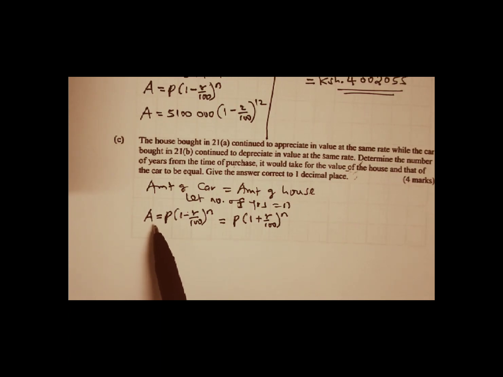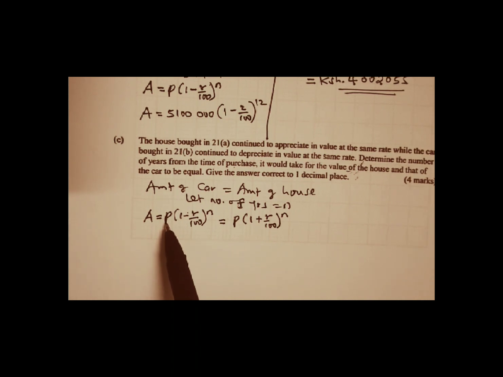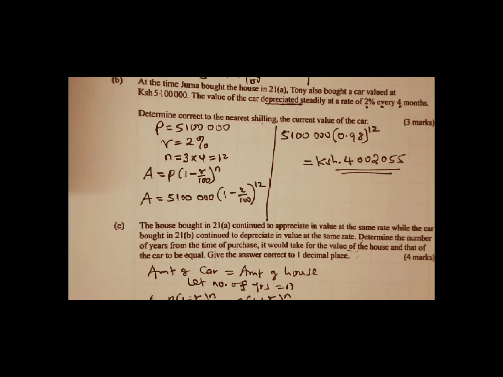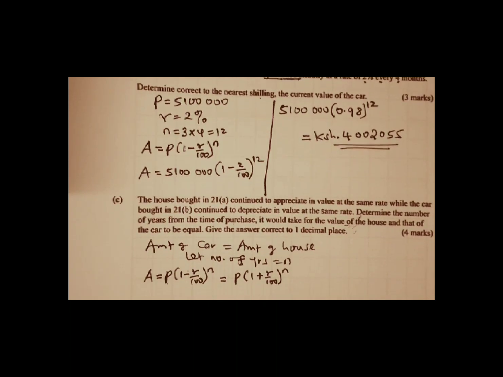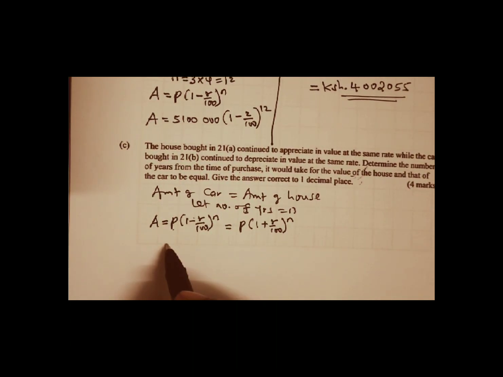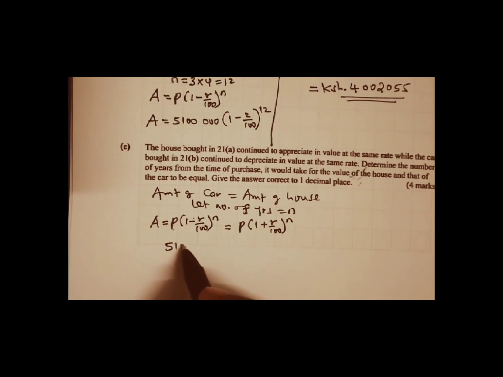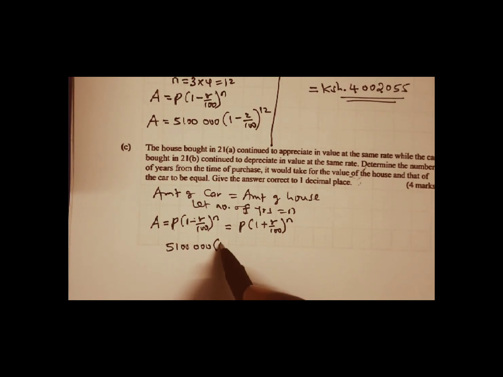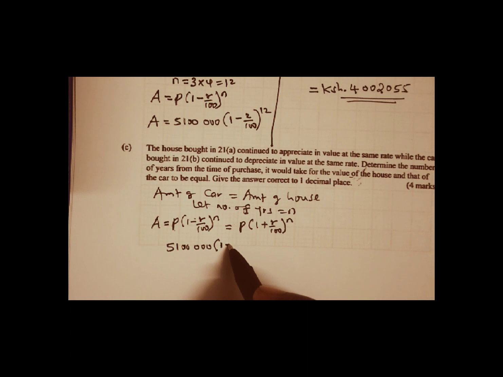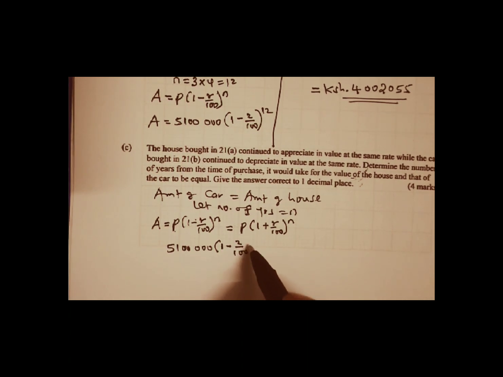We know the principal at the time of purchase of the car was valued at 5,100,000, and that is our principal. So we say 5,100,000. We multiply by 1 minus R. We have been told the rate is 2% over 100.